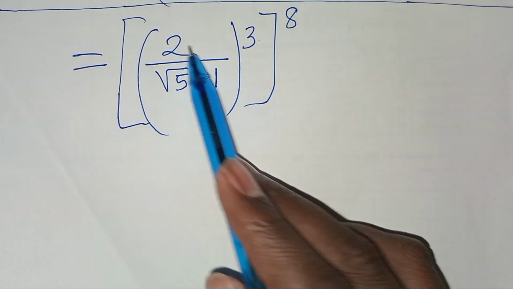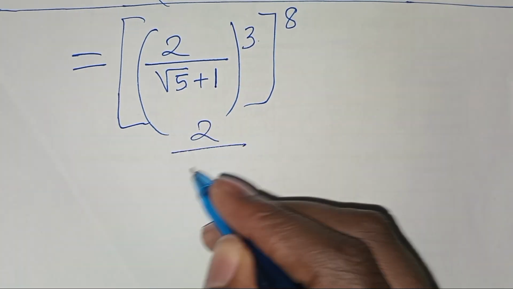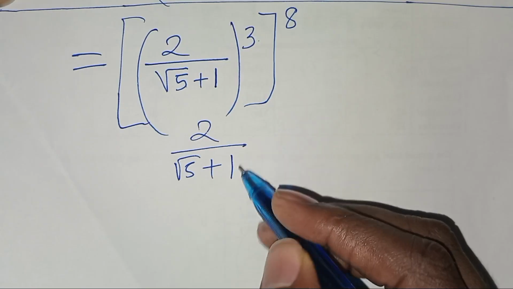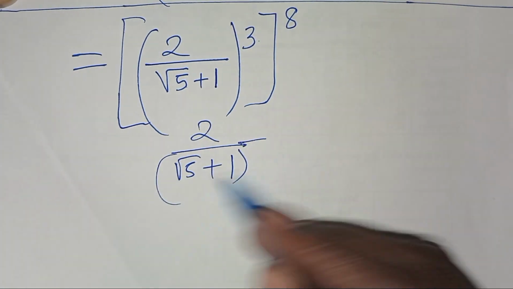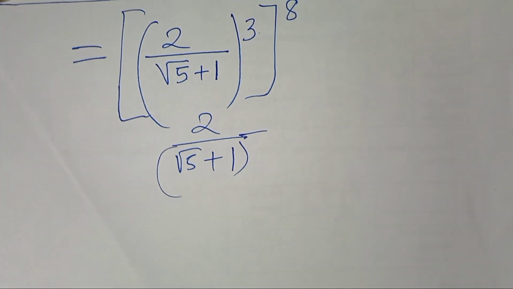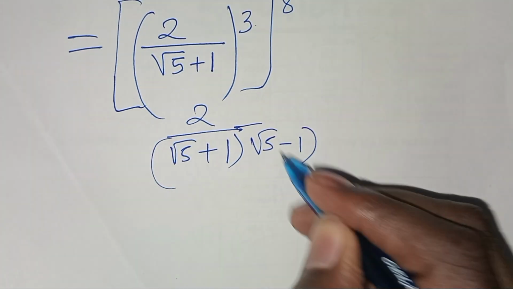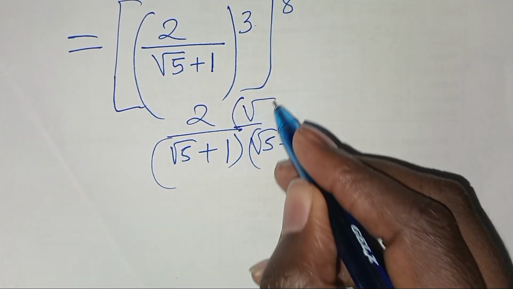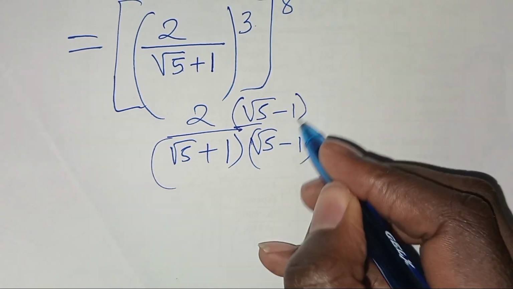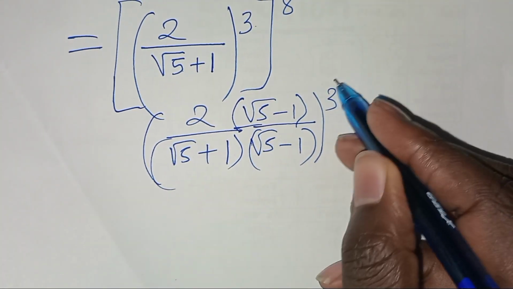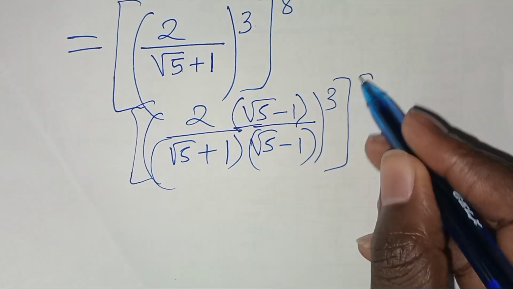Now you can see this 2 divided by the square root of 5 plus 1. From here, let's rationalize the denominator by introducing the conjugate, the square root of 5 subtract 1. We also introduce it in the numerator, that is the square root of 5 subtract 1, all raised to power 3 raised to power 8.